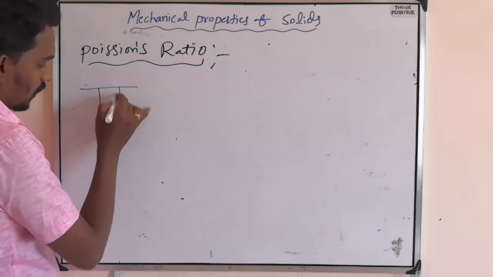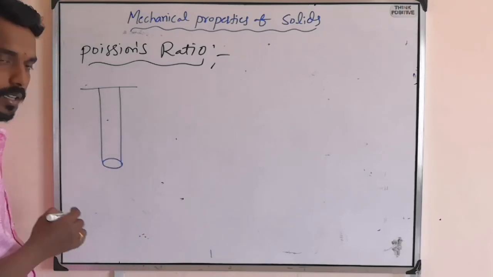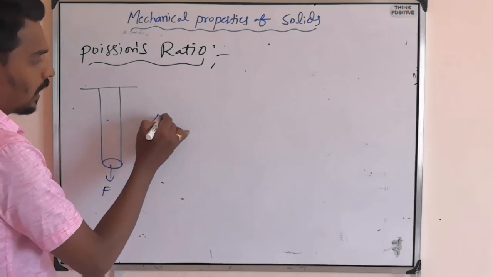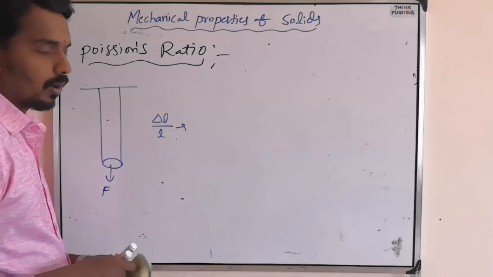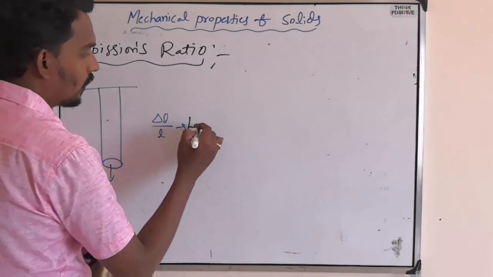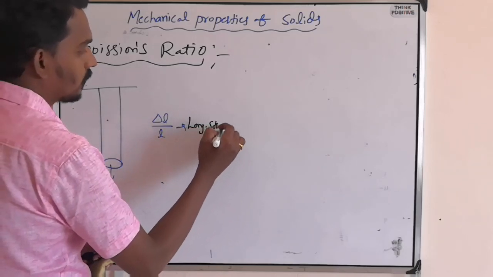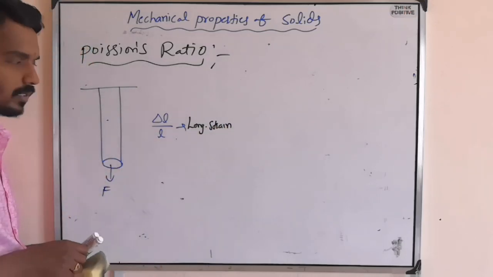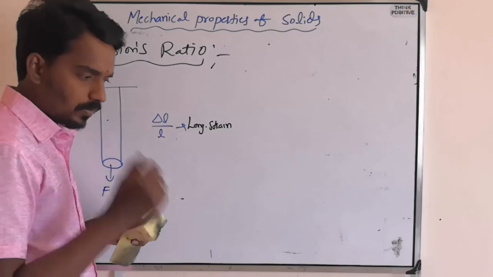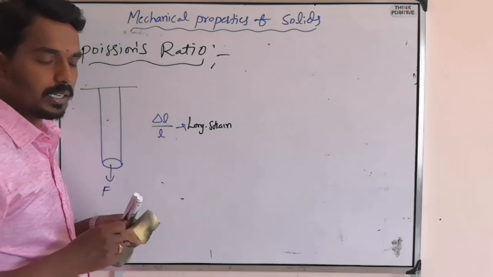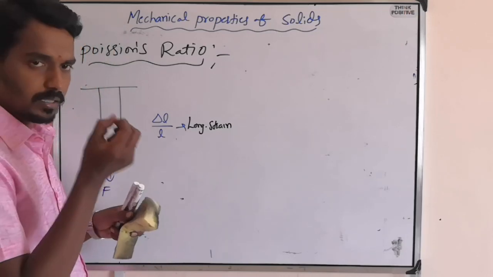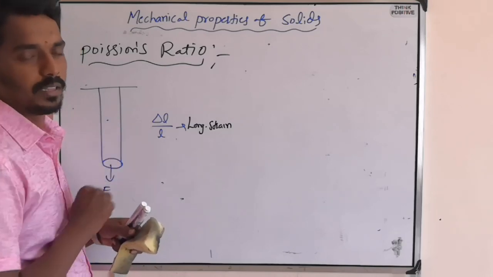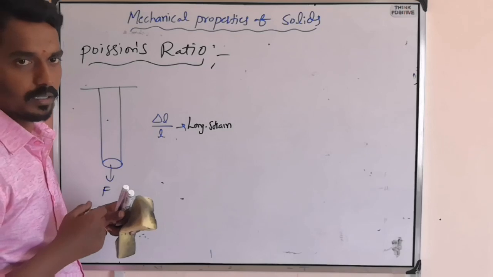When you take a wire and apply force, then delta L by L we call longitudinal strain, because length increases. But there, as we talk about a wire or thin rod, the width is negligible, so we did not consider the change in width or thickness.